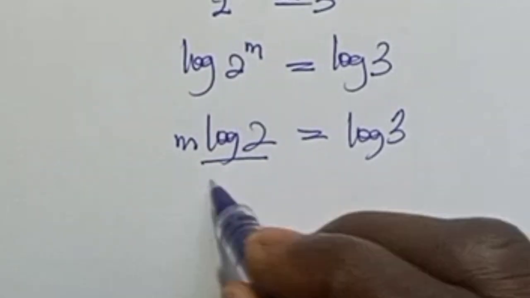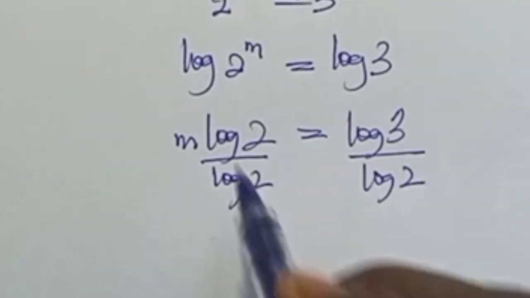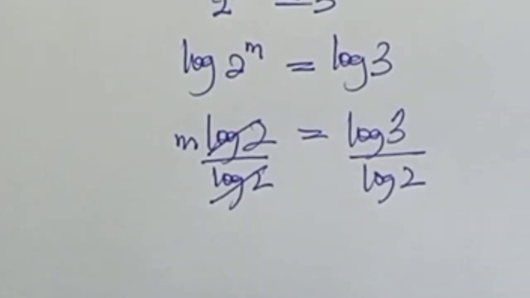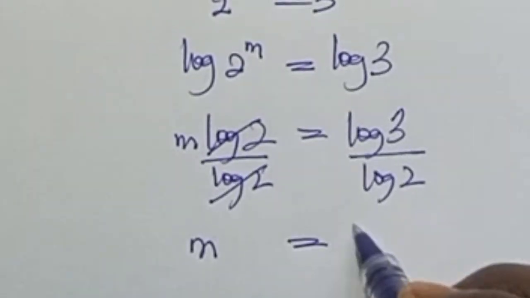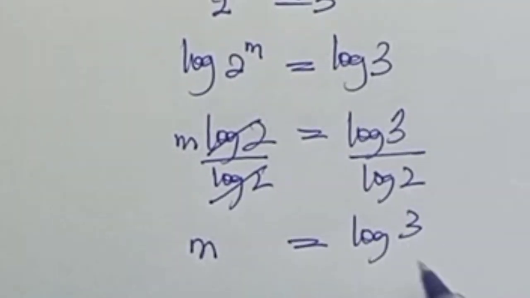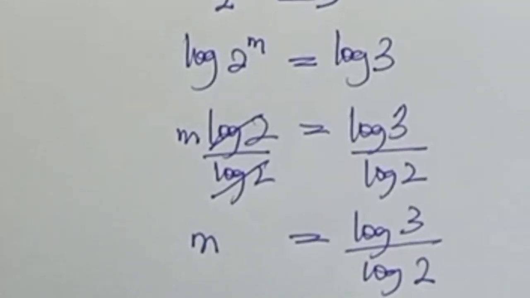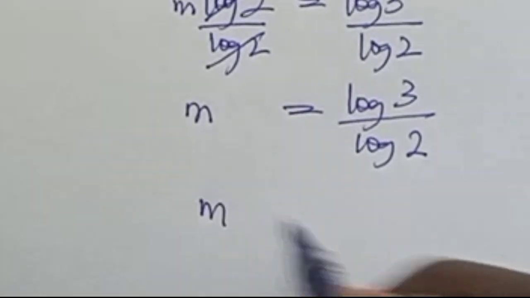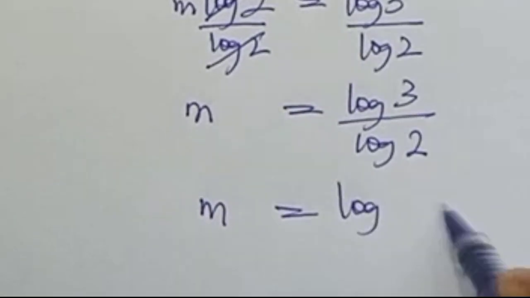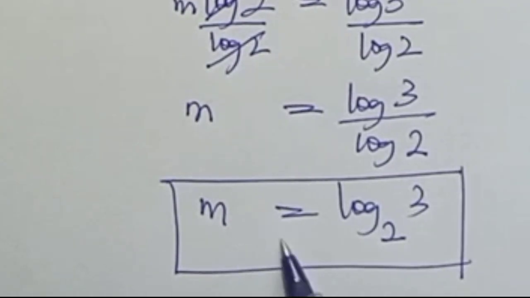Log 2 divided by log 2 gives us 1, which leaves m, which is equal to log 3 over log 2. A more simplified version: m will be equal to log 3 base 2. So this is the value of m for the first case.